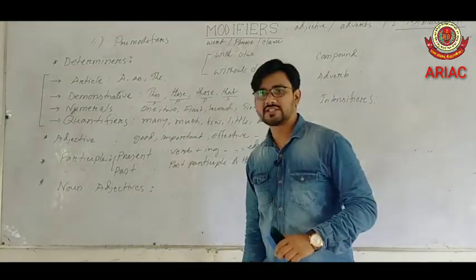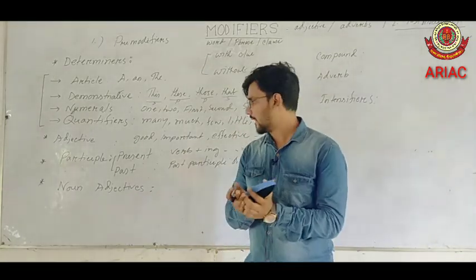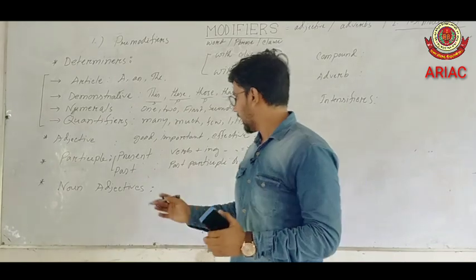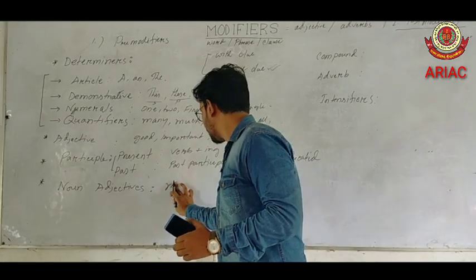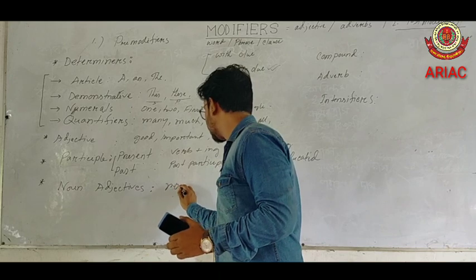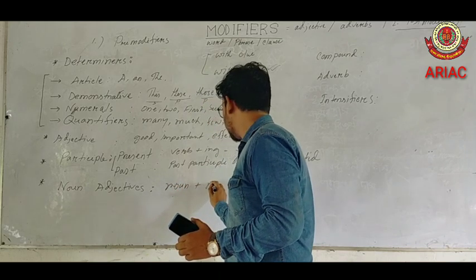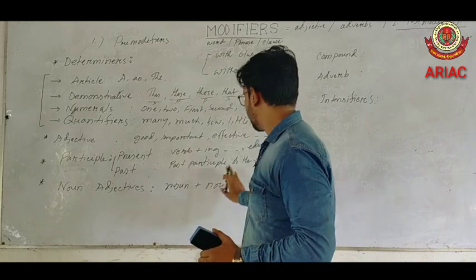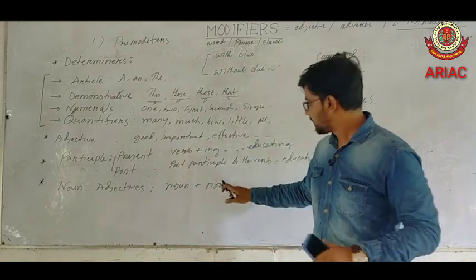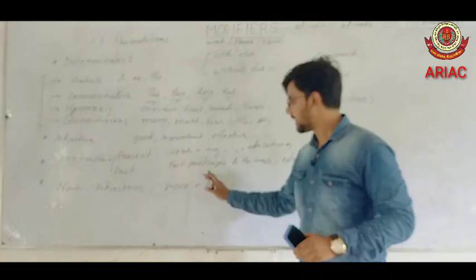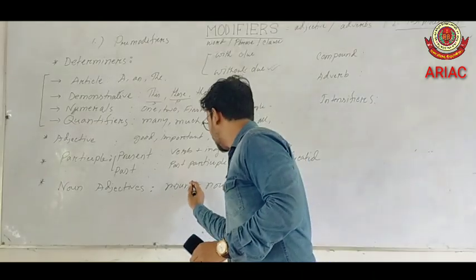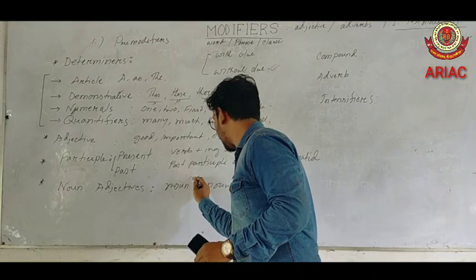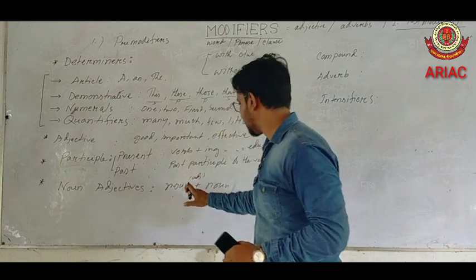Next one is noun adjectives. If we explain noun adjectives in a shortcut way, noun adjective means noun plus noun. And we all know if a noun sits before a noun, it becomes an adjective. So we have to think that it is ultimately an adjective.